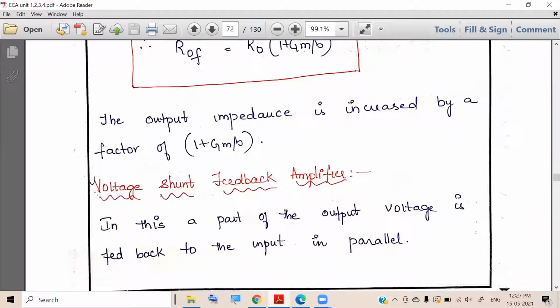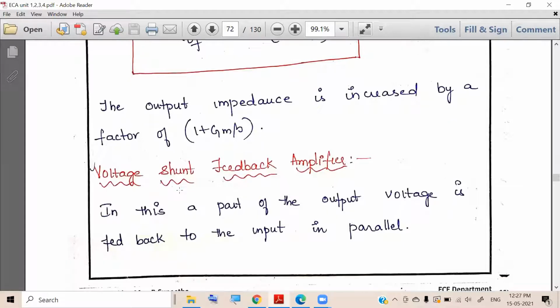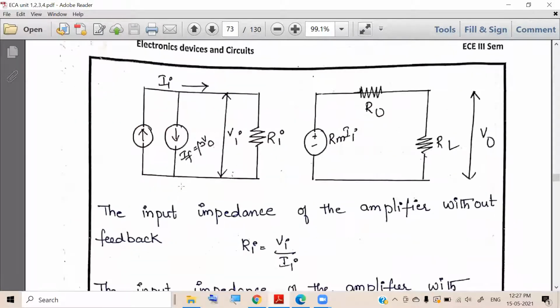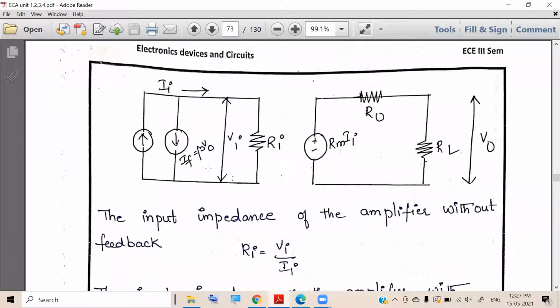So output is voltage, input is current. We are representing output in terms of voltage, input in terms of current, and as discussed, the feedback signal will be current. Because output is voltage and input is current, which amplifier do we need to represent here?